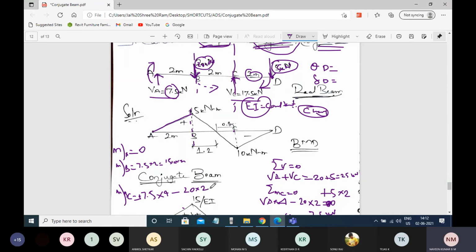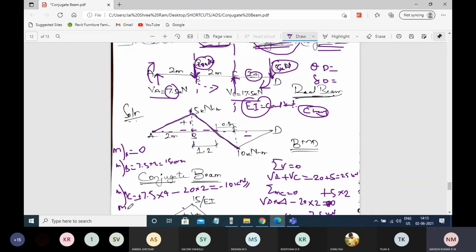So it is minus 40. Understood? 7.5 times 4 equals to 30, right? So minus 40, then it equals to minus 10 kilonewton meter. The minus sign I have mentioned over here, so there will be a change in the sign. So this can be drawn over here.